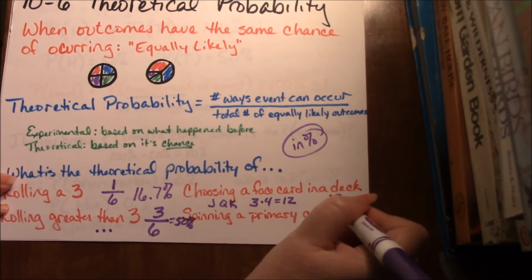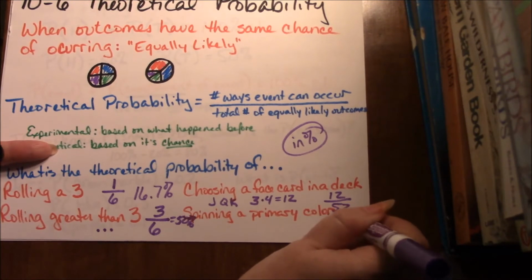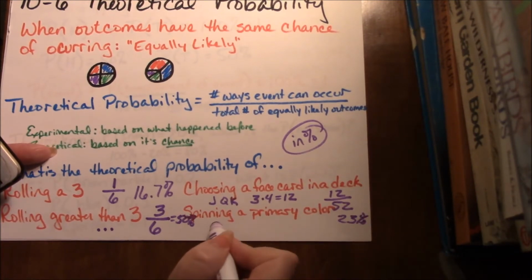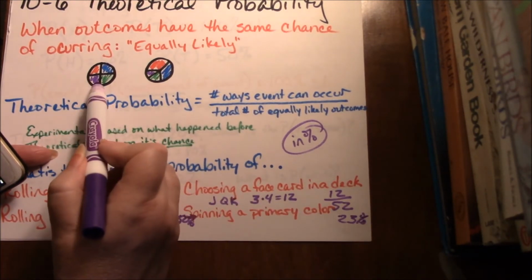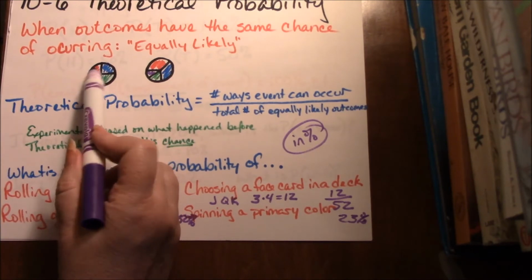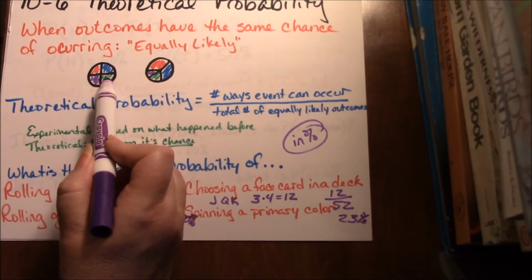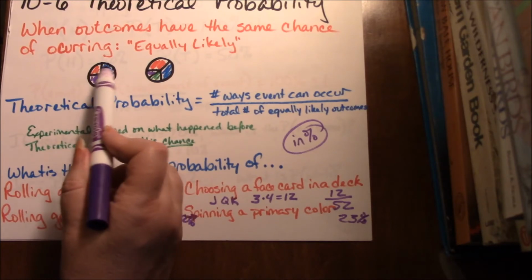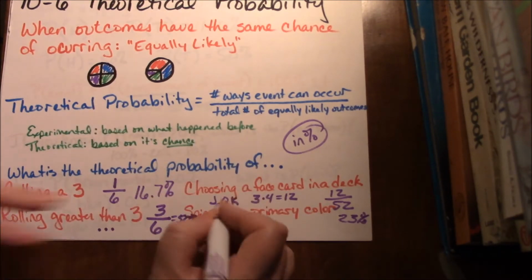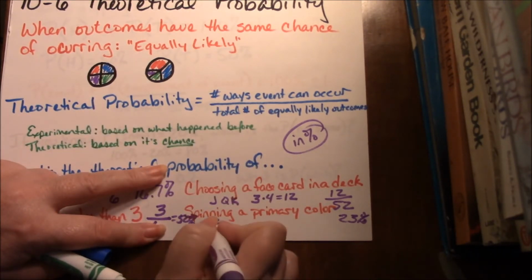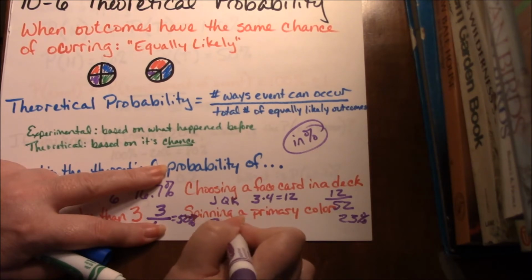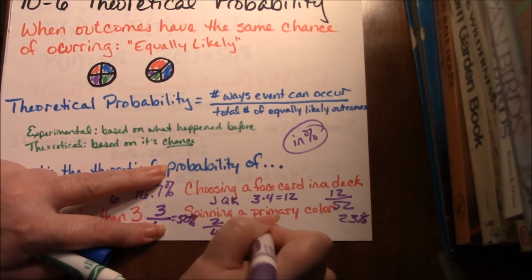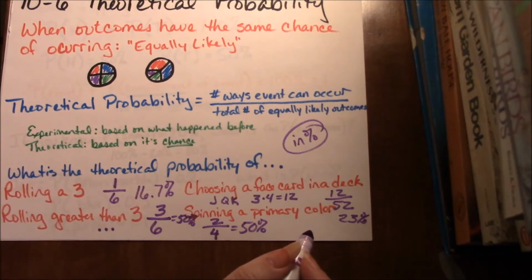So we're going to do this math, and we get 23%. And finally, spinning a primary color. So if we're looking at this spinner again, we have red, blue, purple, and green. Purple and green are composite colors. Red and blue are the primary colors. So we have 2 winning chances out of 4 total chances. And again, we've got a 50% probability of that.